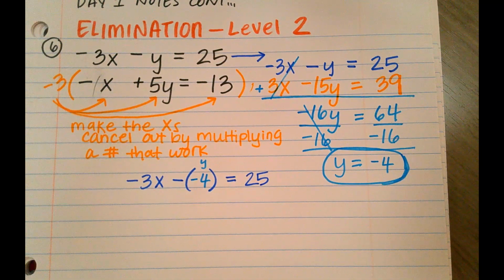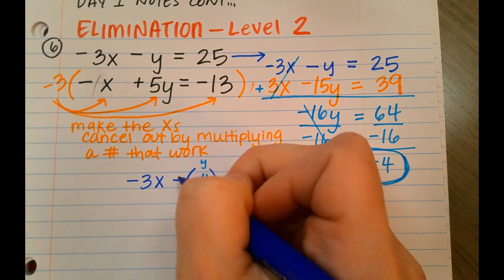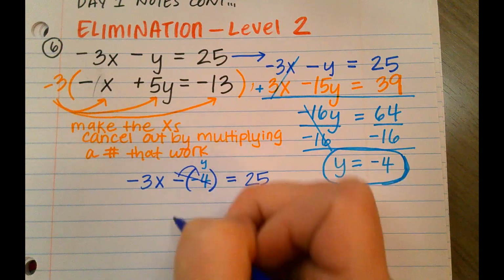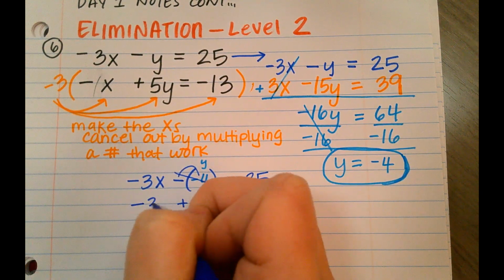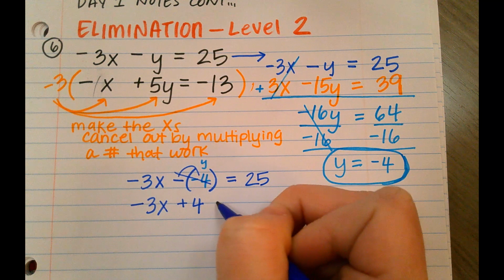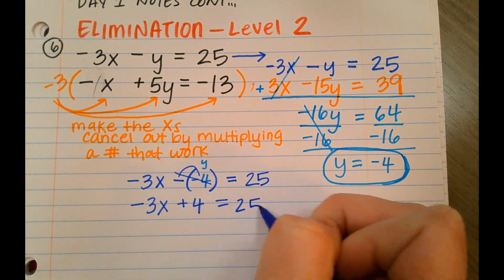Now that it's plugged in, if you think you know where to go from here, tell me. Turn that into a positive. Minus negative 4 is plus 4. Bring it all down: -3x plus 4 equals 25.